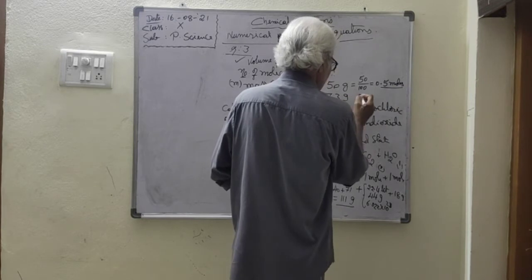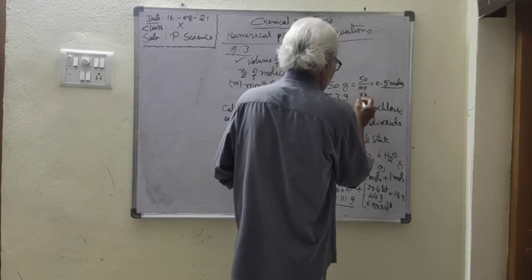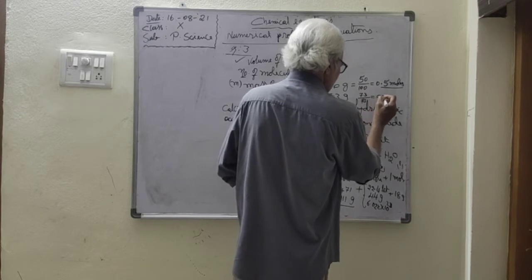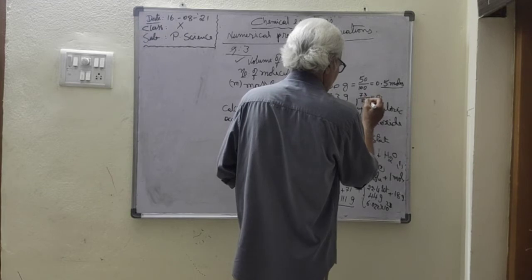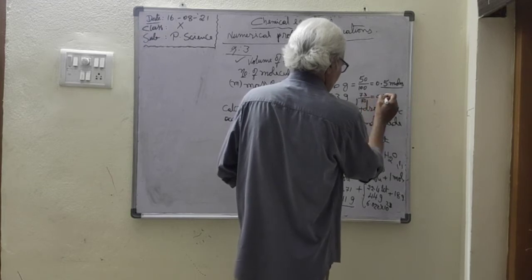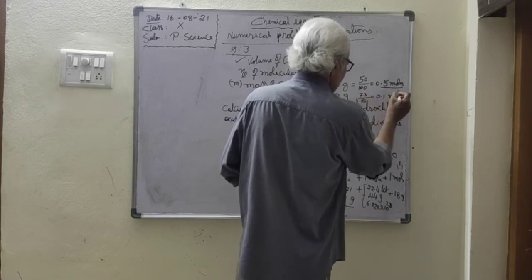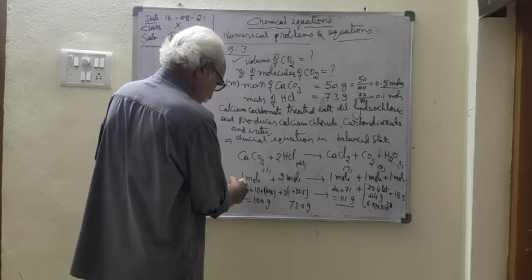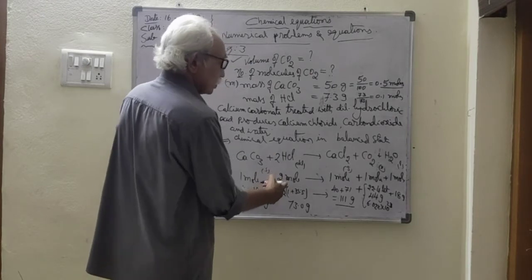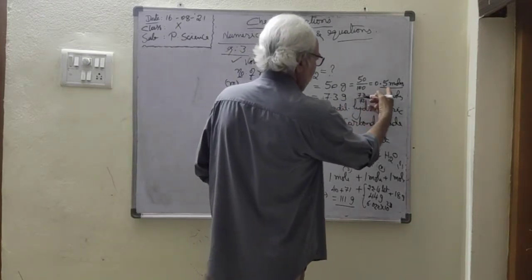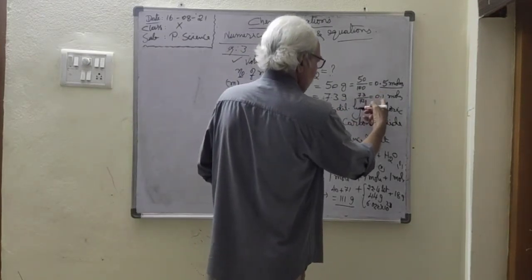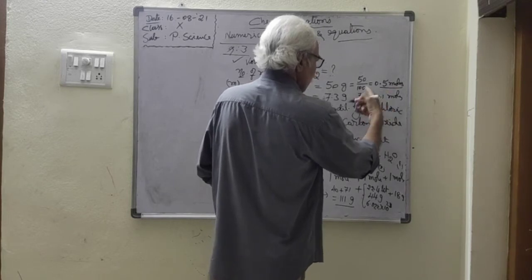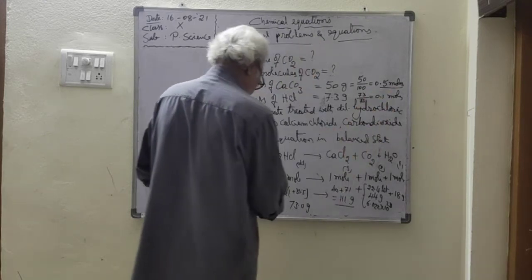Here 7.3 by 73 is equal to 0.1. So when we compare, 1 mole calcium carbonate reacts with 2 moles HCl, but here 0.5 moles and 0.1 mole, which is a lesser value relative to this one.